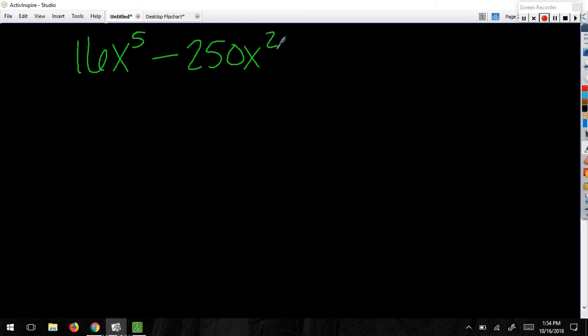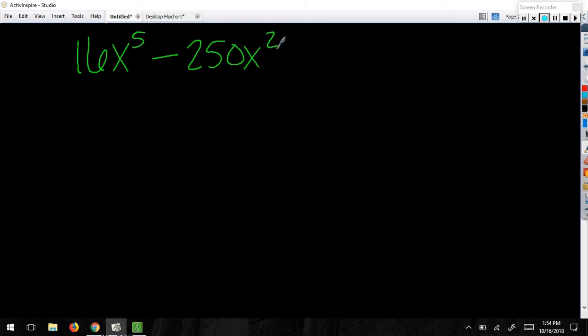What is it that we do? We look for something. Somebody said it. GCF. We look to see if we can take something out of both of them. So looking at this, do these two terms have a GCF?